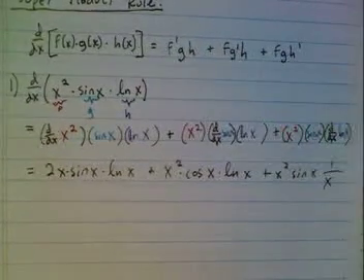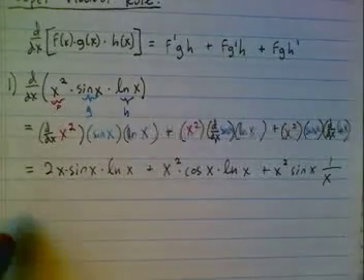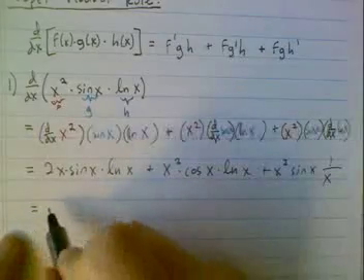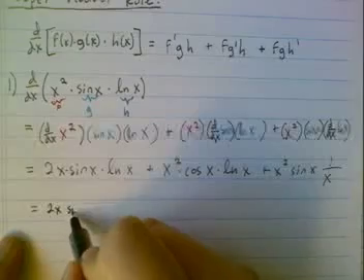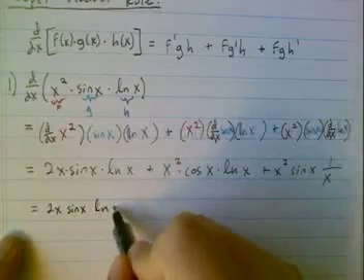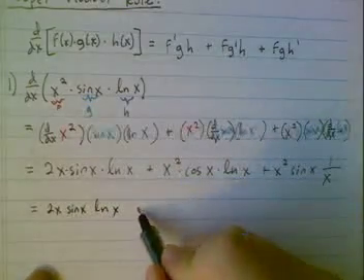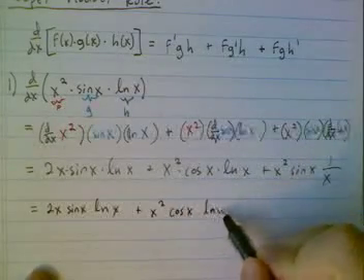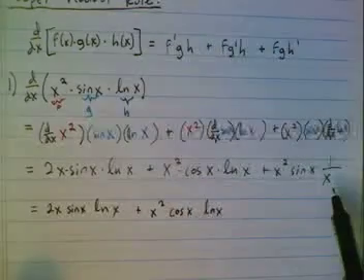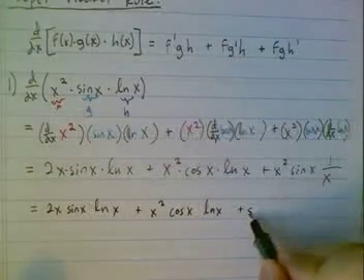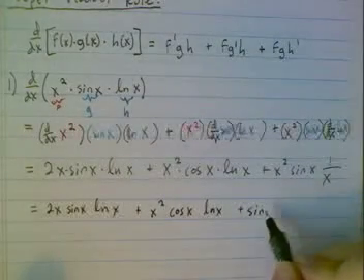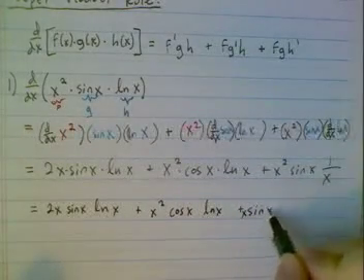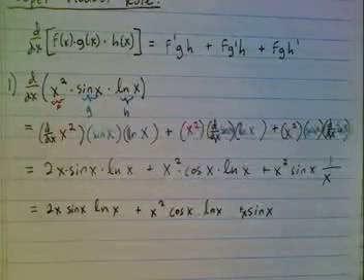This is an expression that can be simplified further, so we should do that. So 2x sine x natural log x plus x squared cosine x natural log of x. One of these x's will cancel out, so that's just plus x sine x.